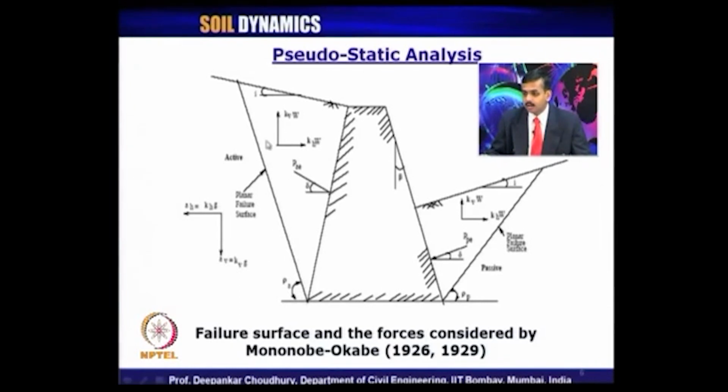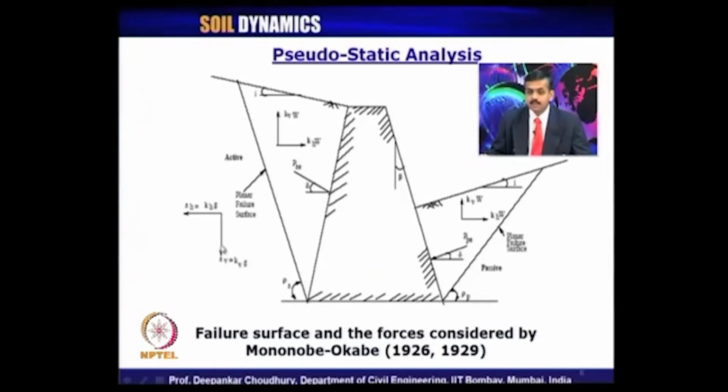So, different failure surfaces can be assumed by different researchers. Mononobe-Okabe had proposed to assume a planar failure surface like this for both the active as well as the passive case of dynamic earth pressure, and earthquake accelerations were mentioned like this: aH as the horizontal seismic acceleration, which can be represented by kH g. kH is nothing but the coefficient of horizontal seismic acceleration, and g is obviously the acceleration due to gravity.